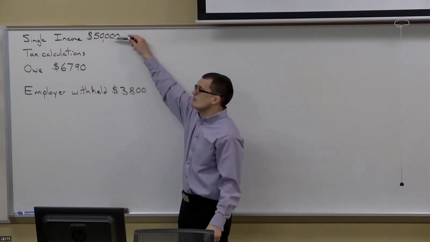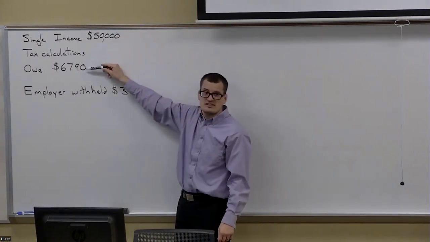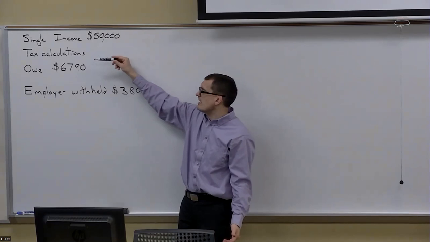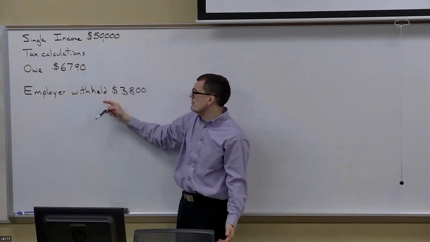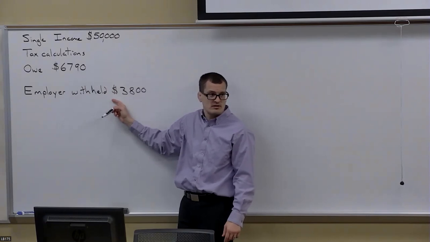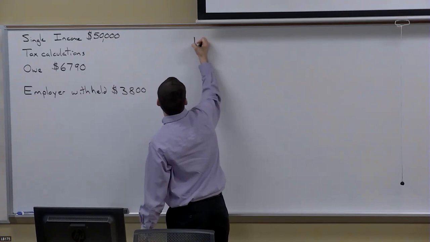Basically, we do our tax calculations exactly like we've been doing the last couple of sections, and then we just take what we owe minus what our employer withheld.